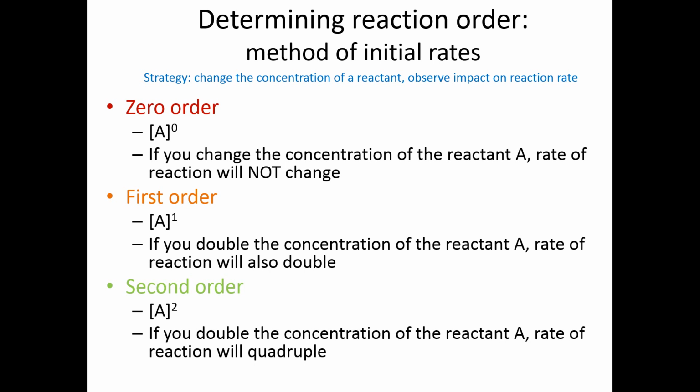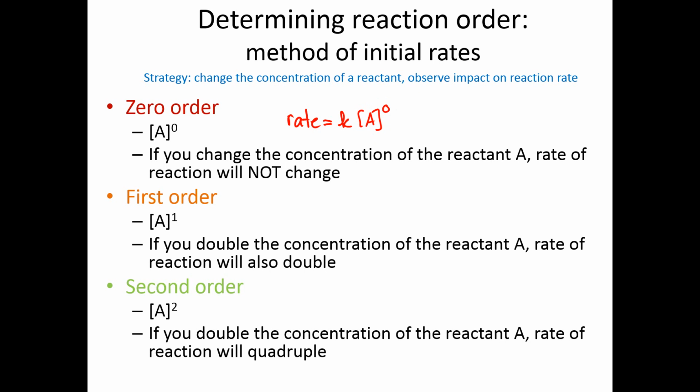And what that means is our strategy is you're going to set up a series of experiments, and you're going to change the concentration of a reactant and observe what impact that has on the reaction rate. So if we think about what that means, let's say a reactant is zero order. That means that in the rate law, rate would be proportional to the reactant to the zero exponent.